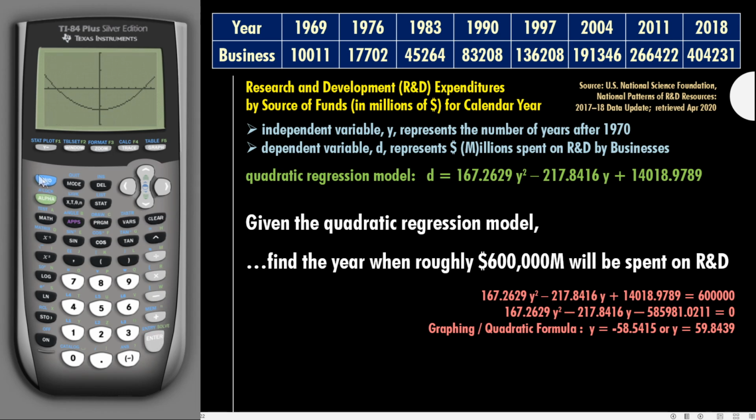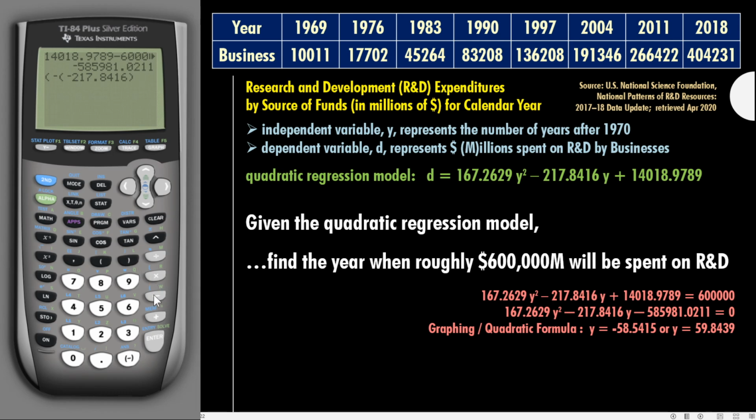What would happen if I wanted to solve by a quadratic formula? Well, I would need to remember it's going to be negative of a negative number, so negative 217.8416. So a negative of negative positive if you want to. I'm going to have to do this twice.